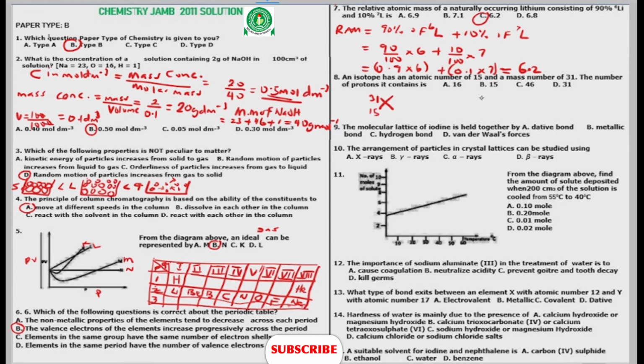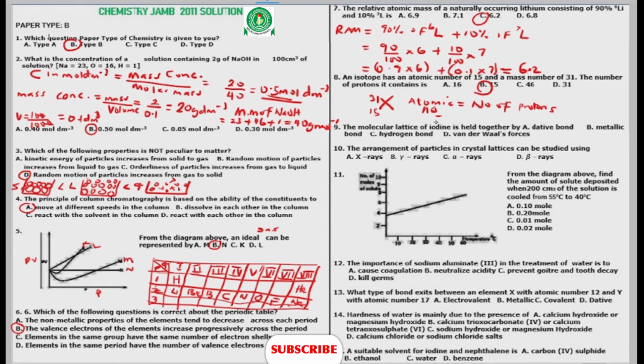The number of protons it contains is what? Look at this. Atomic number is the same thing as the number of protons. So the number of protons here will be the same thing as 15, because the atomic number is the same thing as the number of protons.